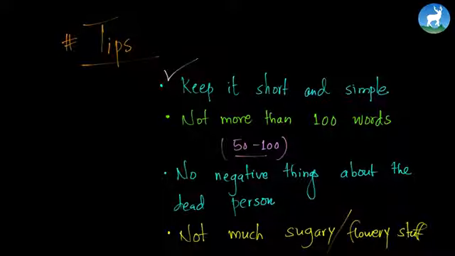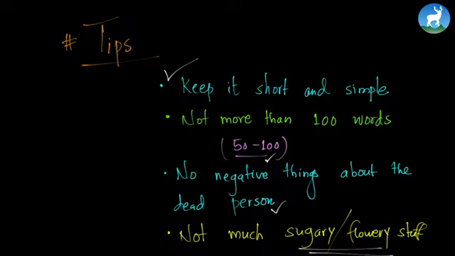So keep it short and simple, not more than 100 words, 50 to 100. No negative things about the dead person, and not much sugary or flowery stuff. That means use as few adjectives as you can, and fewer adverbs too. Right? Some tips.